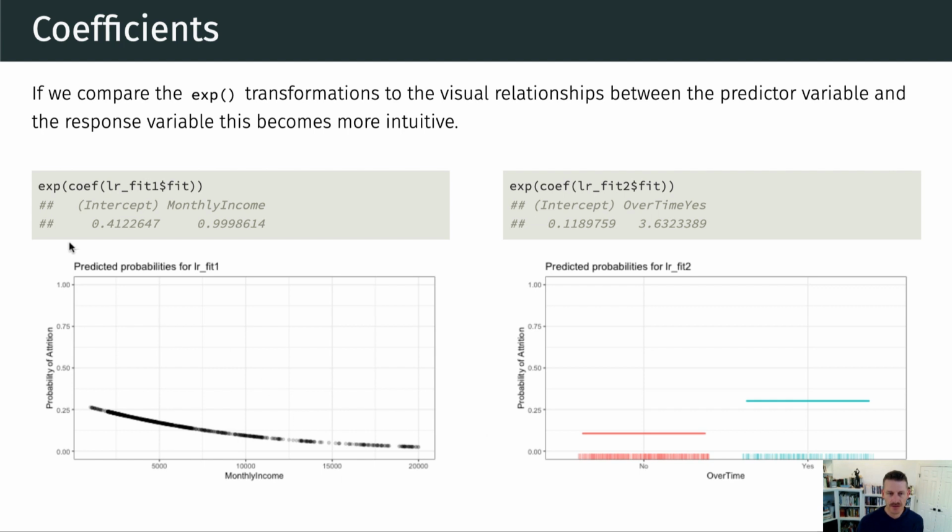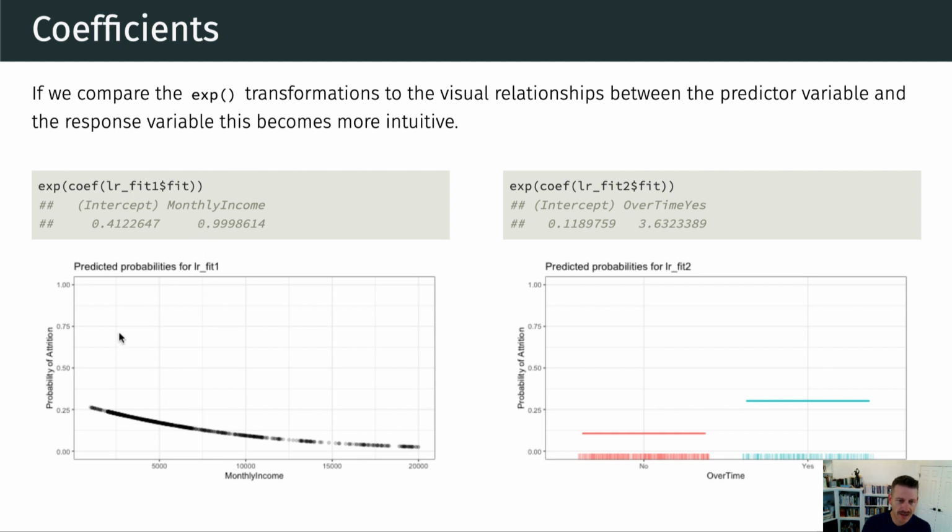So here we have two plots. The one on the left here is as monthly income increases, we see the effect it has on the probability of attrition, which is what we're trying to model. And we can see that it continues to decrease. And that's because when we go from a monthly income of, let's say, $5,000 to a monthly income of $5,001, we actually see a decrease in the probability.